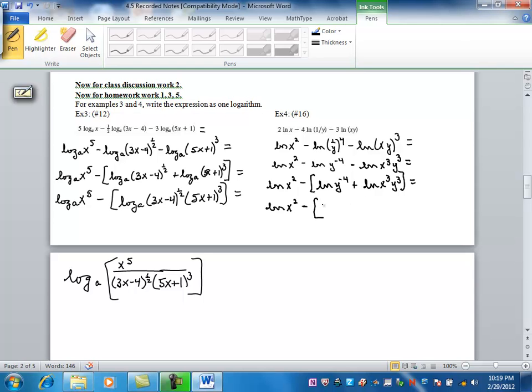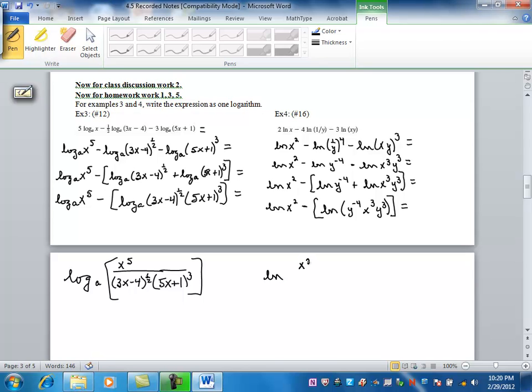The sum of the logs, folks, becomes the log of this product, y to the negative 4, x cubed, y to the 3. So now we've got the difference of two logs. The difference of two logs, you will recall, becomes the log of the quotient.